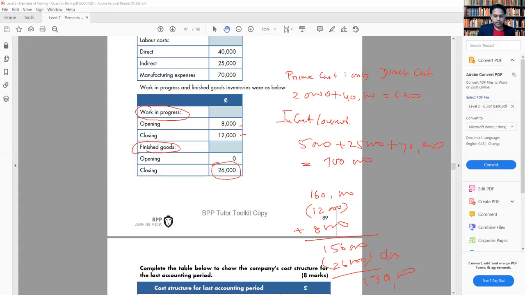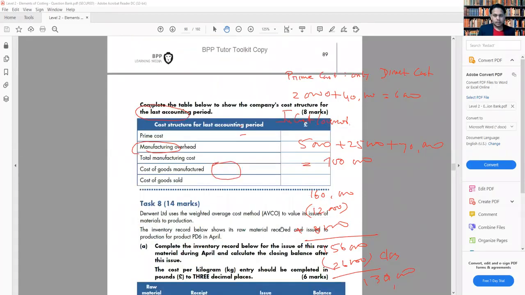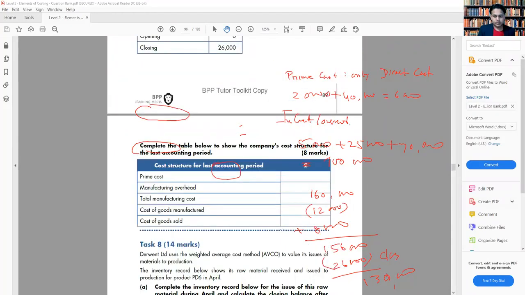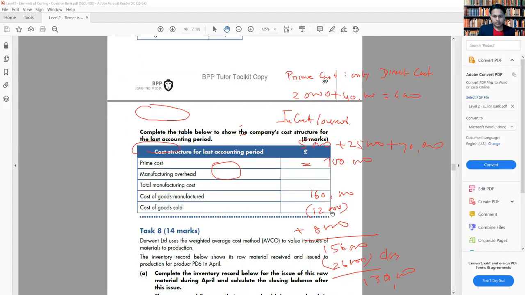All right, now we can just write it down here in the box. Let's write it down. So we have the prime cost, that is 60,000.